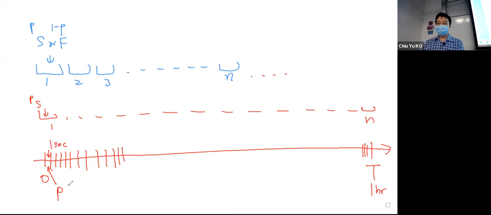So with this interpretation, the number of successes in the binomial is just how many people would come in during this period. So we take the binomial to interpret how many events will happen in a certain period of time.